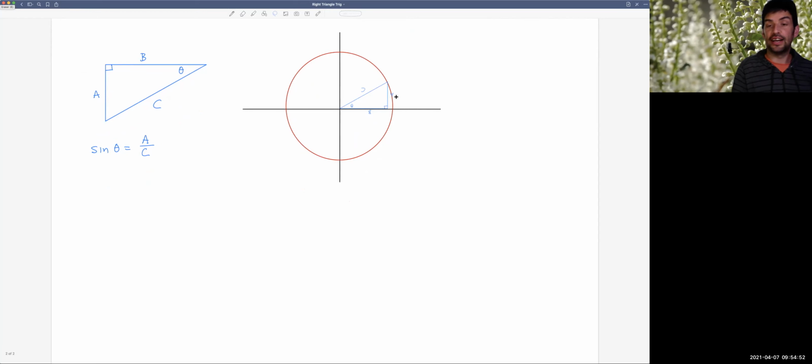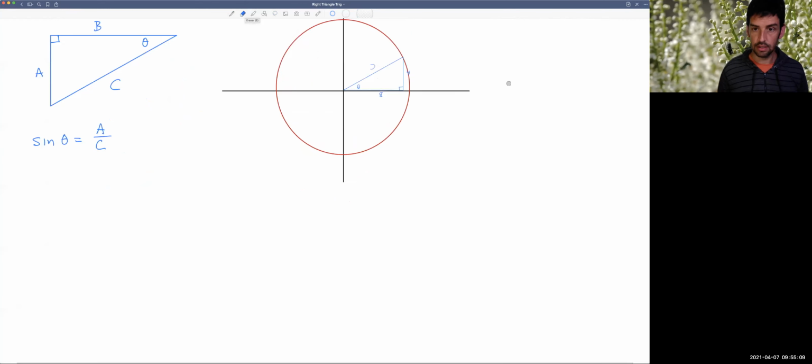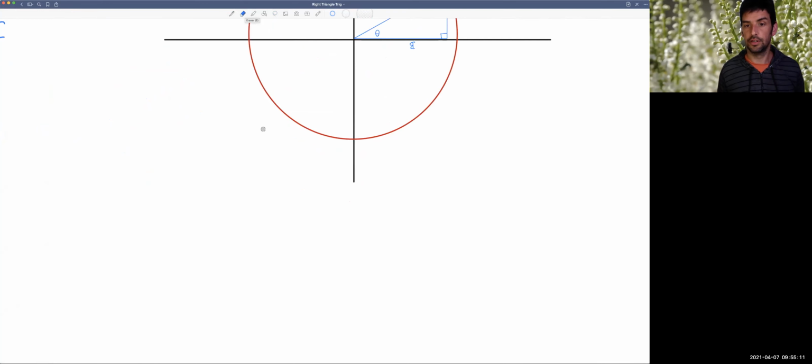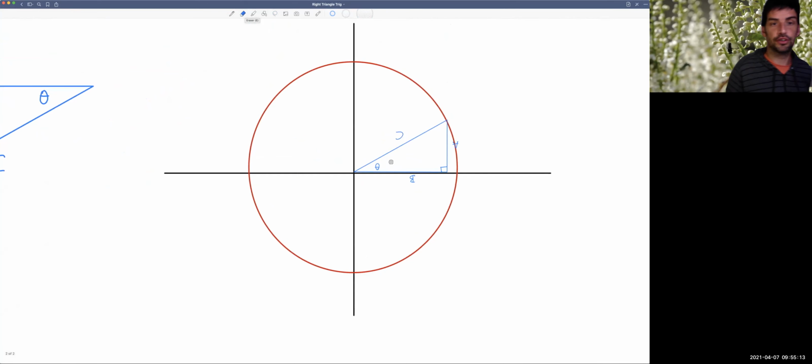So these side lengths, well, we know to scale it into here, this hypotenuse, which was length C, now has to be length 1. Let's get it a little closer, right? Because to fit in the unit circle, this hypotenuse length C has to now be length 1. So we'll put that in.